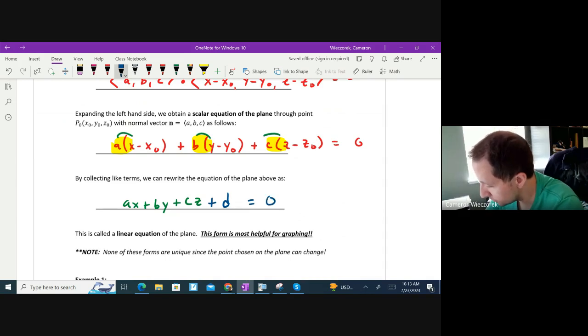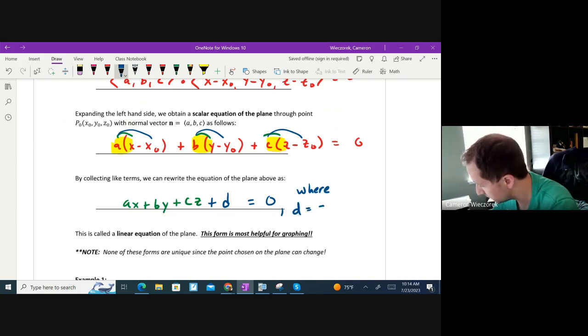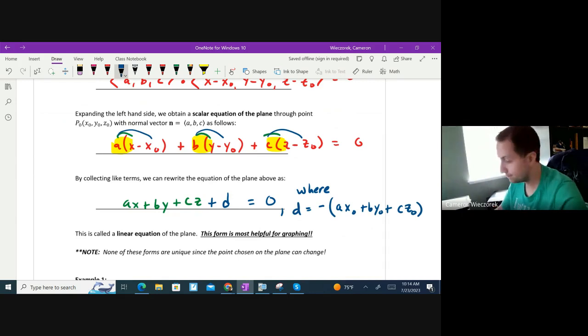D is just going to be the collection of like terms, negative A times x naught minus B times y naught minus C times z naught. So that entire sum of products is going to be our constant. We'll call it D, where D equals, I'm going to factor the negative sign out, negative quantity a x naught plus b y naught plus c z naught.